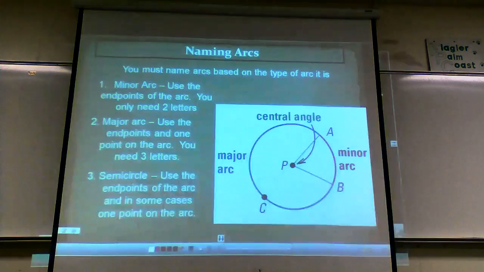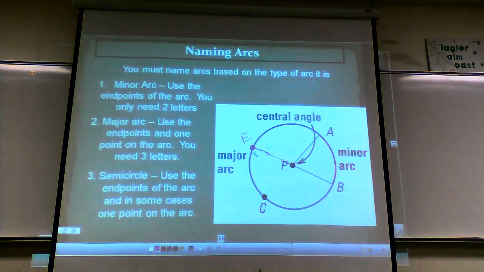Such as if I extended this line out over here, and created a new point, that would be a diameter, all the way across. Remember that's what it's called. We talked about circles before. A diameter, guys, always makes a semicircle.